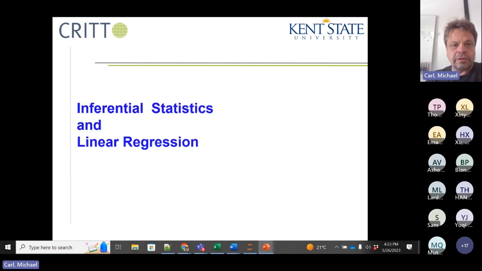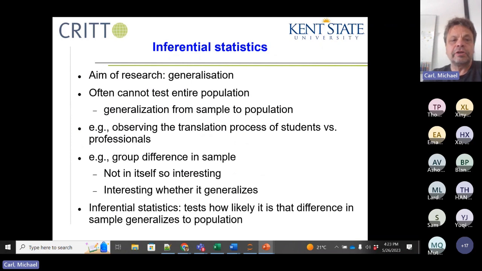Okay, and so this leads us to inferential statistics. Whereas correlation shows us the relation between two data sets, we often also want to extrapolate, not only describe data sets, but also make some prediction about the future or about regularities of the two data sets and have some generalizations.